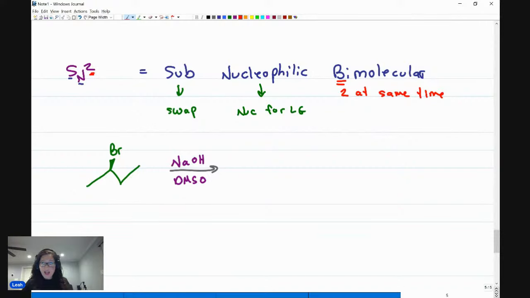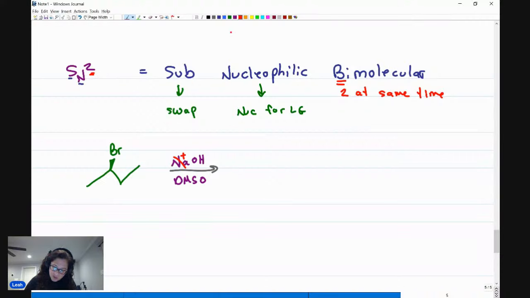Don't forget, anytime you see Na+, K+, or anything like that, that's just a positive spectator. It's just there to balance charge and it does nothing in the reaction itself, meaning the Na+ just wanders off somewhere in solution and OH- is what's left as my attacker, as my nucleophile.